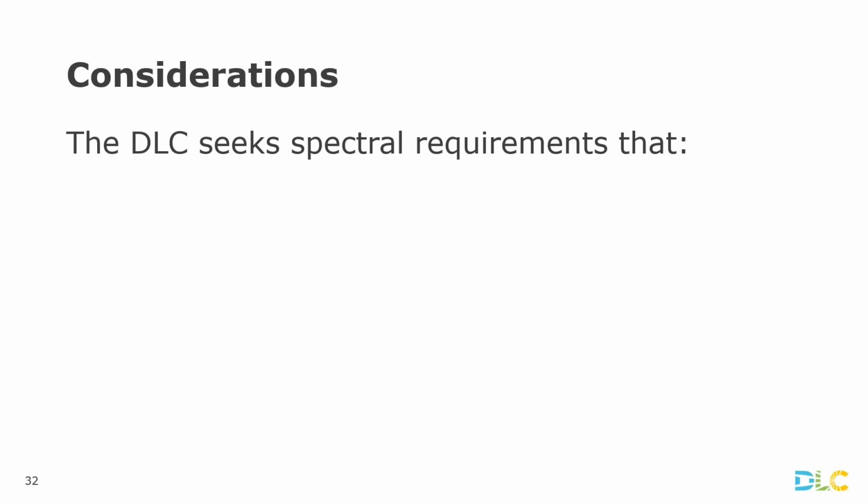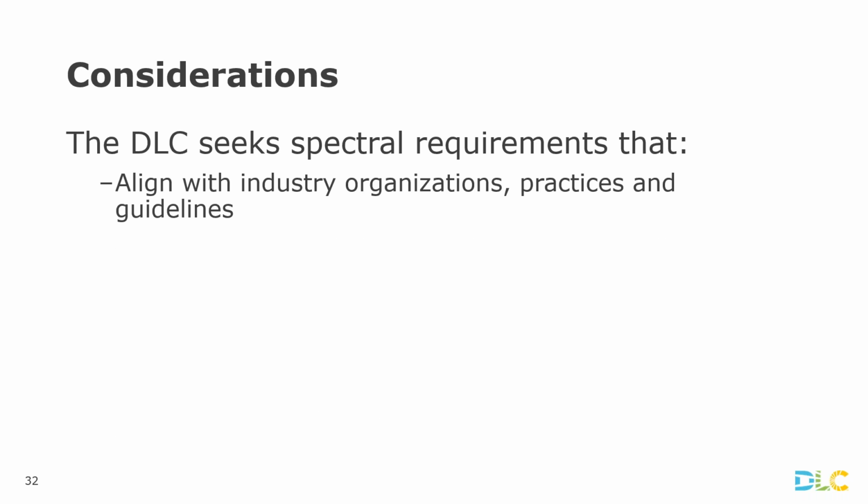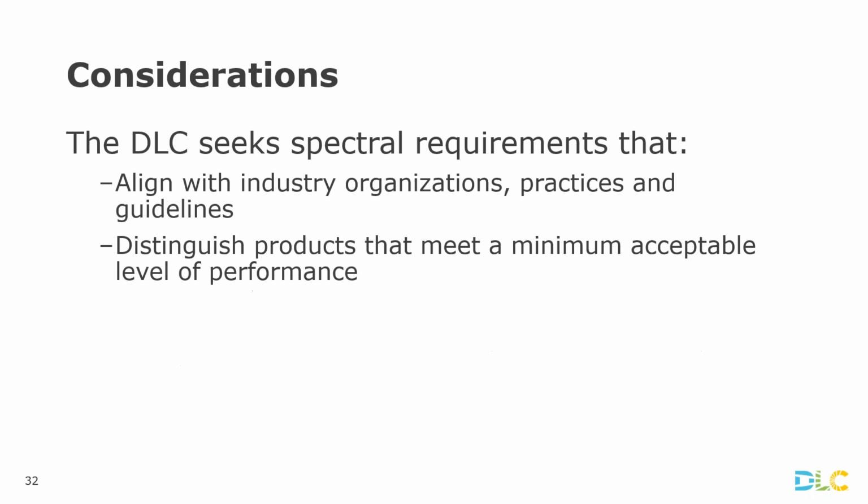For color quality, the DLC seeks to update spectral requirements so that we align with industry organizations' practices and guidelines. Distinguish products that meet a minimum acceptable level of performance, which is basically the tier 2.